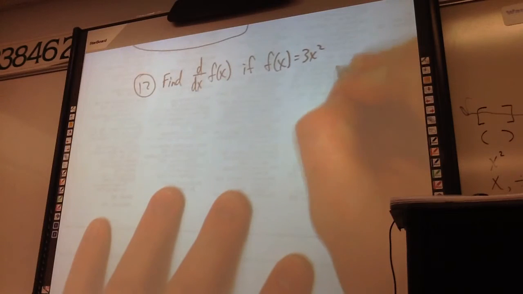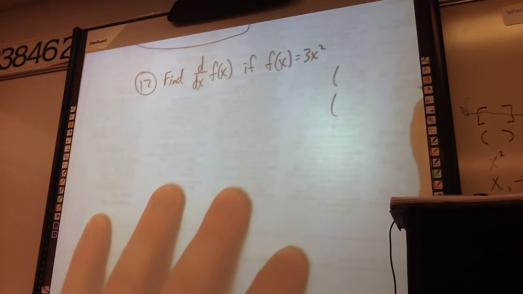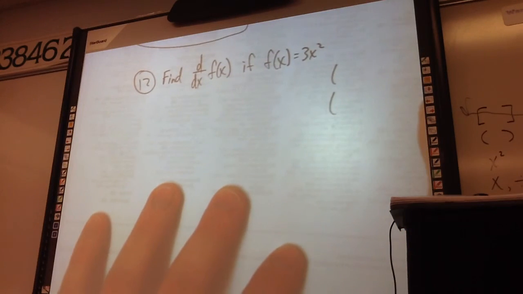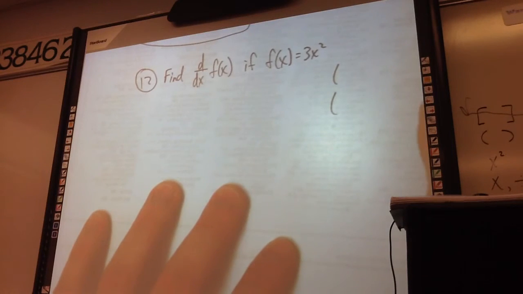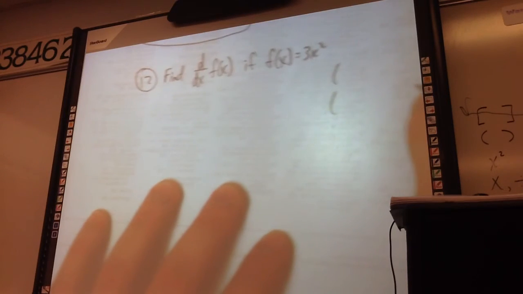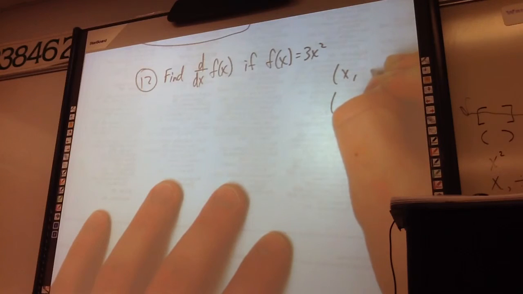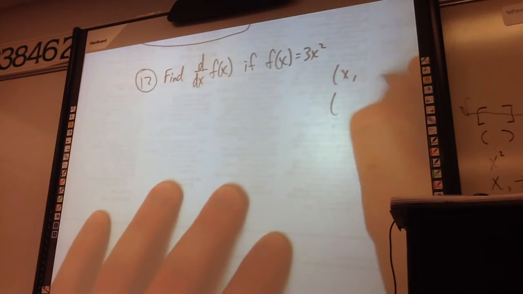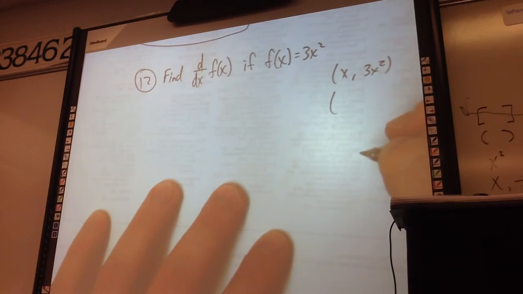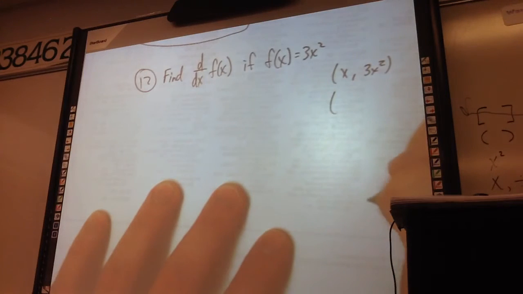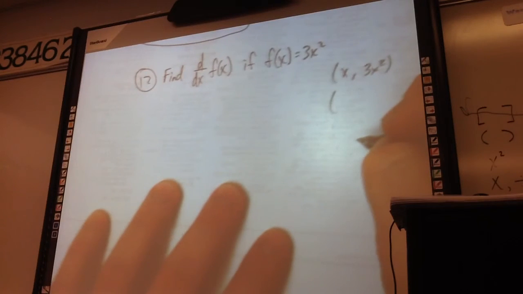Okay, so what are your 2 points? What do you think, Katie? x. And then what would the y value of that be? 3x squared. Okay, what's your second point? x plus h.